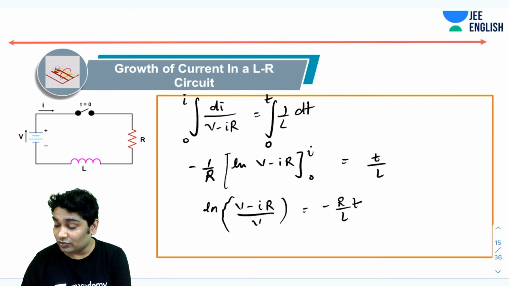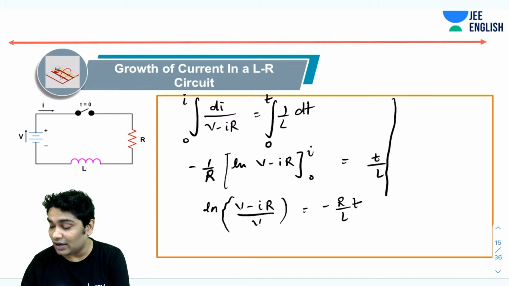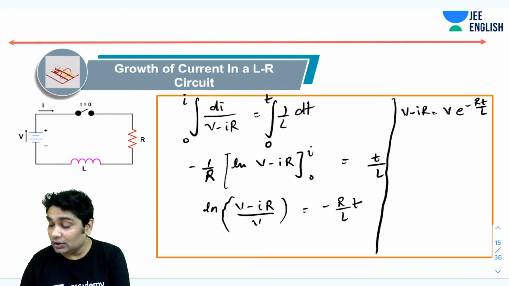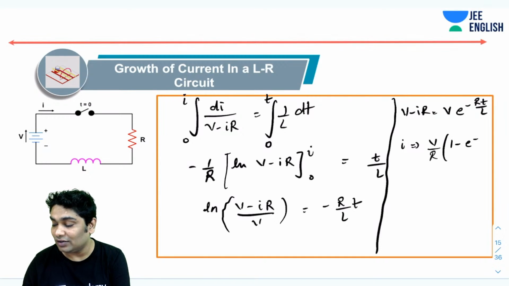So from here, I can say that V minus IR equals V times e to the power minus Rt over L. I hope you guys followed this. Or now I can say that I would be equal to V over R times 1 minus e to the power of minus Rt over L.